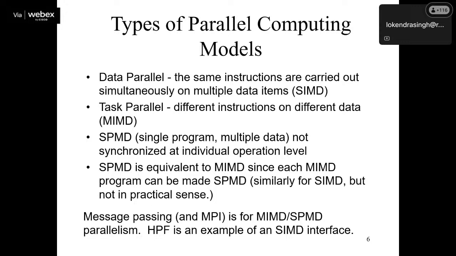We already studied the types of parallel computing models: SIMD, MIMD. Here we are discussing only the parallel models. In data parallel, the same instructions are carried out simultaneously on multiple data items.